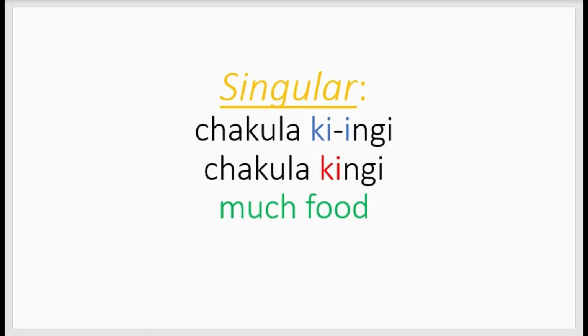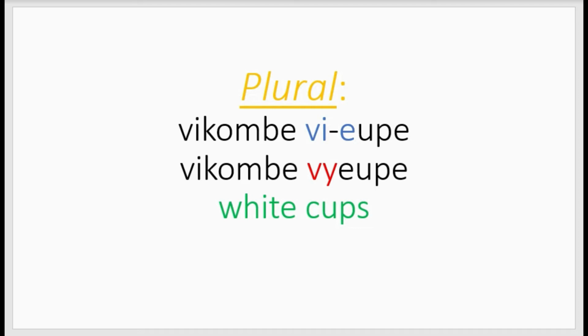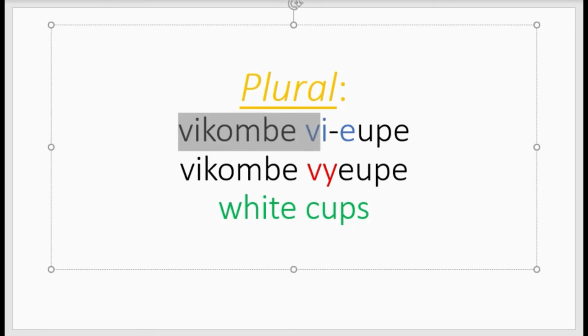Now, in plural, we have vikombe. V combined with e, the e from the eupe, we get vie.